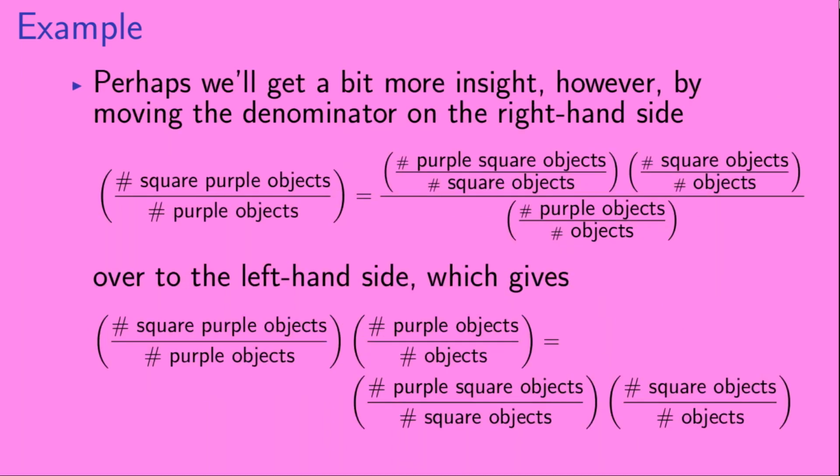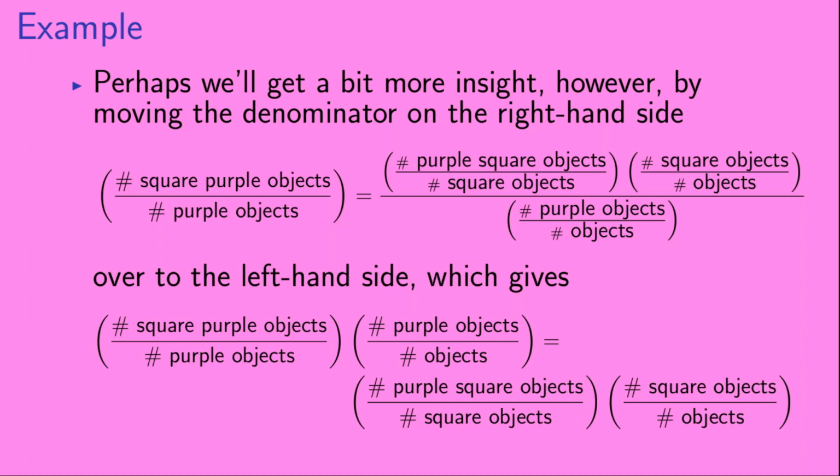Perhaps we'll get a bit more insight, however, by moving the denominator on the right-hand side over to the left-hand side. So we get on the left-hand side the number of square purple objects over the number of purple objects times the number of purple objects over the number of objects.